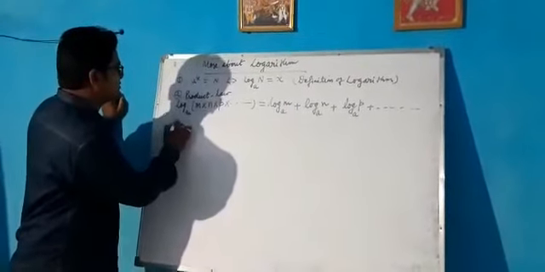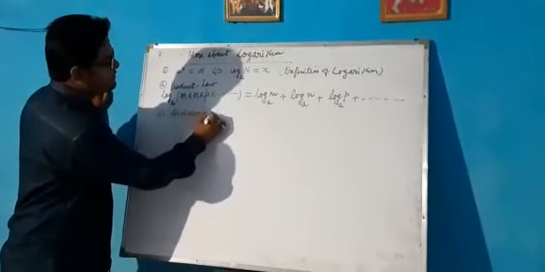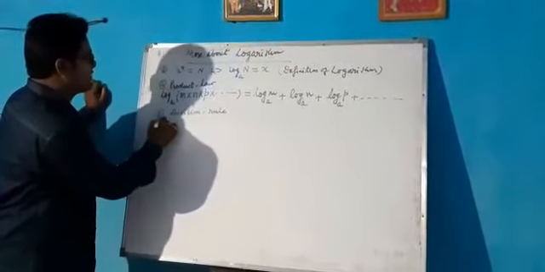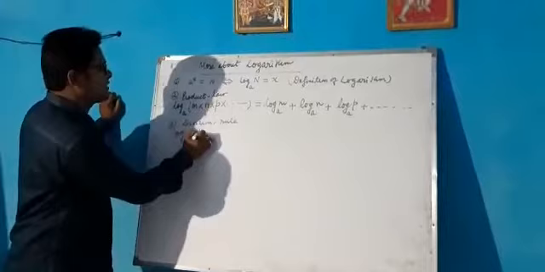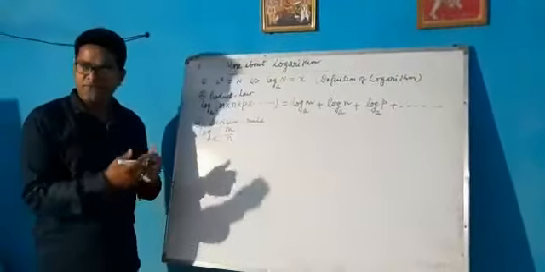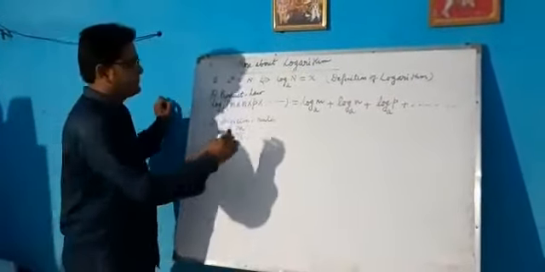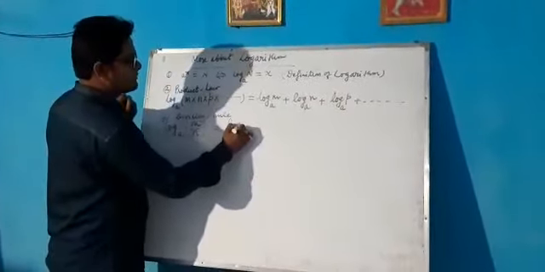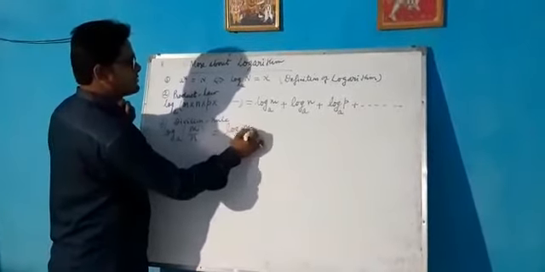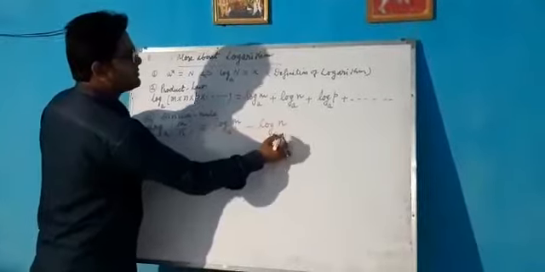Third one is division. Division rule. What is the division rule? If it is in the division form, in place of numbers we can have functions also. Then also the rule holds same for them. So it is log m to the base a minus log n to the base a.